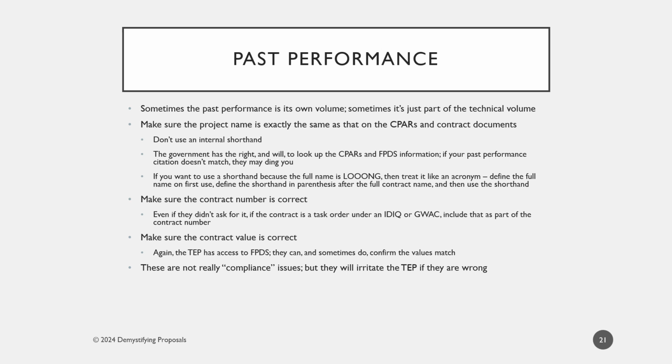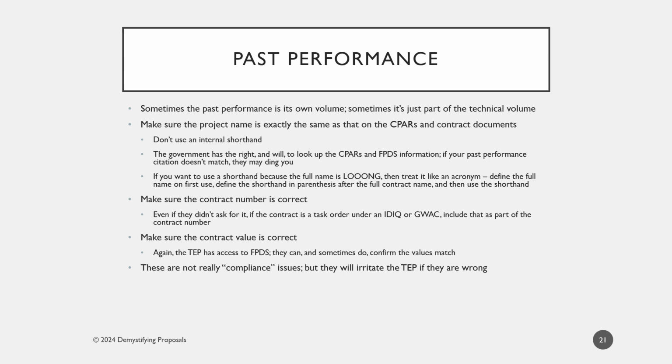Often you have an internal shorthand for what you call a project, and that may be what the authors use, but when the proposal is built, you want to make sure that you use exactly the same language as the government will be expecting to see. So use the same project name as they use on their evaluations, like the CPARs.